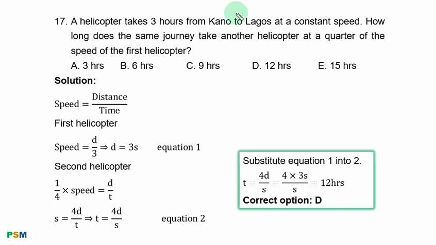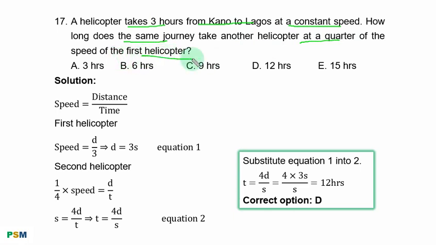Question 17. A helicopter takes 3 hours from Kano to Lagos at a constant speed. How long does the same journey take another helicopter at a quarter of the speed of the first helicopter?